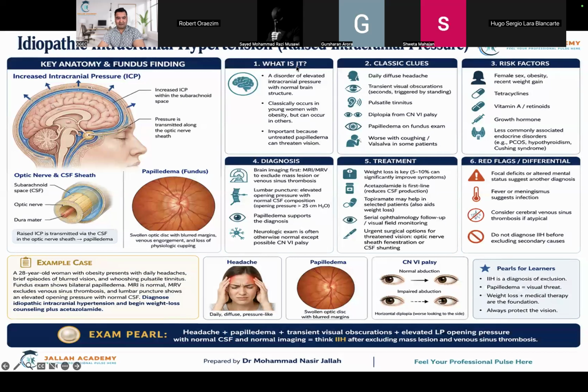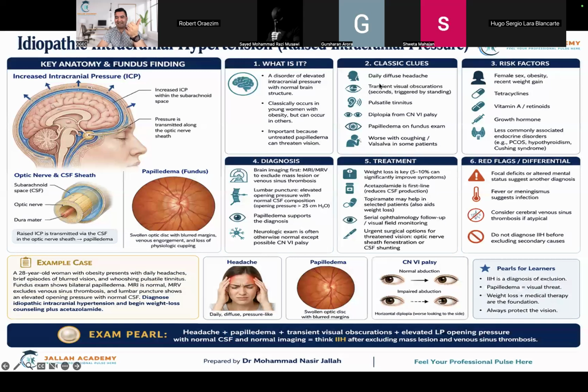So what is it? Idiopathic intracranial hypertension is a disorder of elevated intracranial pressure with a normal brain structure, classically occurring in a young woman, okay? Middle-aged young woman, but can occur in others. Important because untreated papilledema can threaten vision.